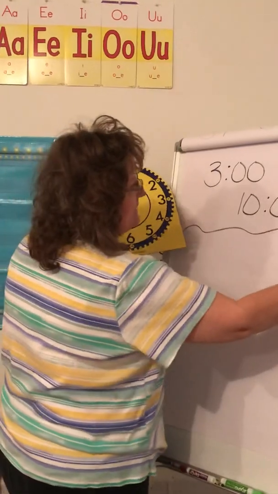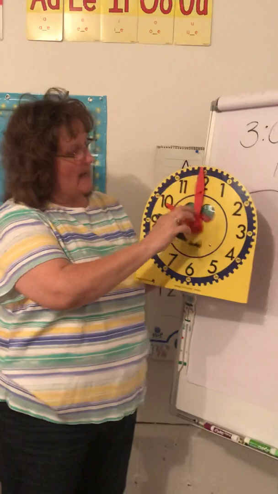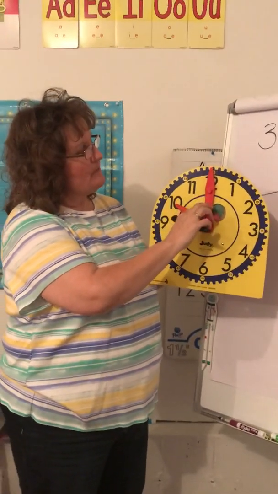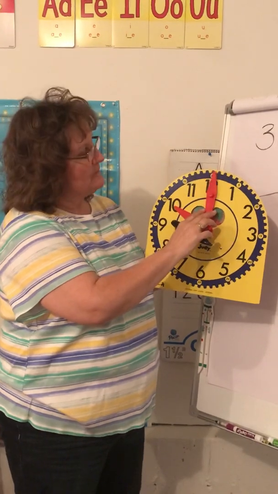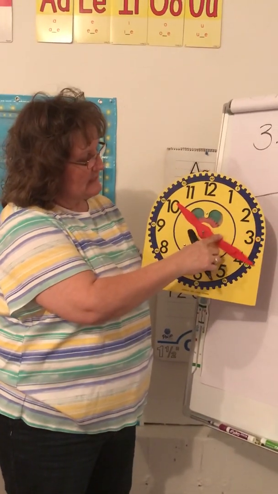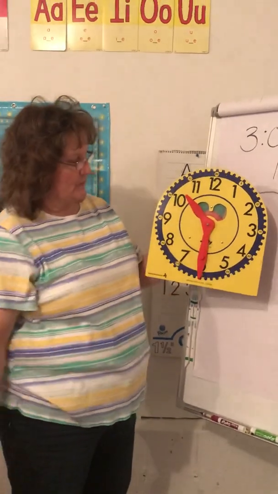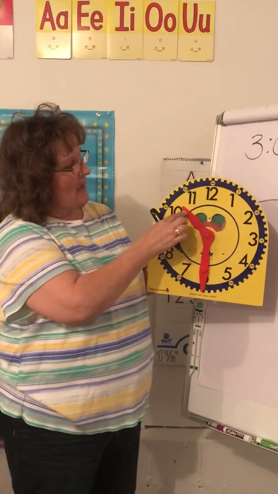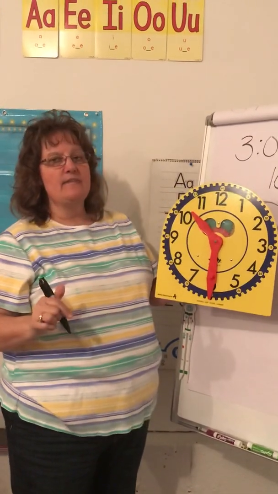Now we're going to talk about something new. If this is 10 o'clock, we're going to move the minute hand. And when we move the minute hand, we count by fives. 5, 10, 15, 20, 25, 30. All right, see how the hour hand is between the 10 and the 11 now?